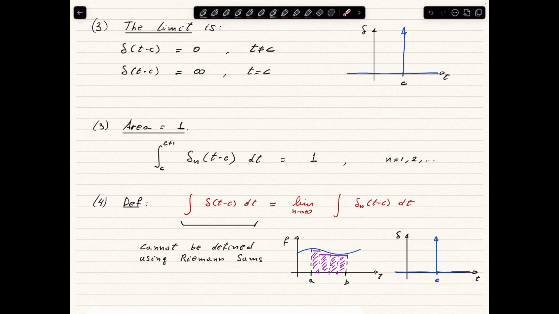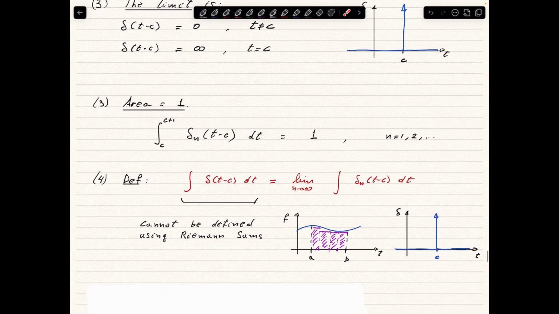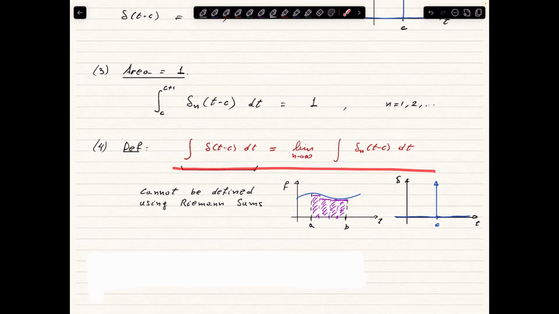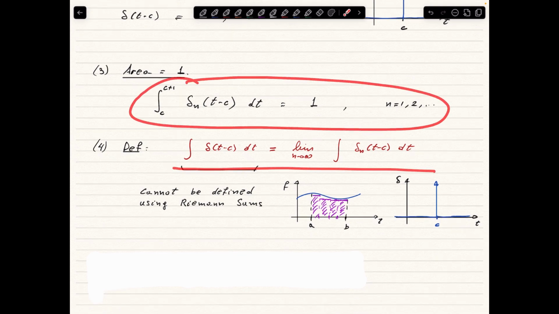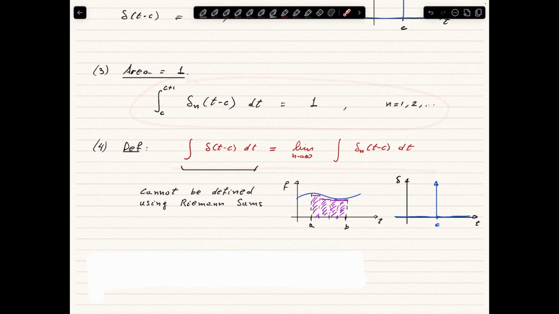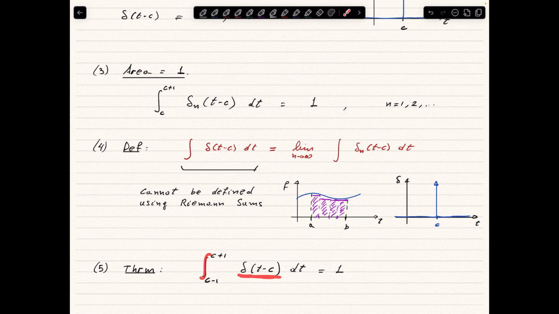But certainly we cannot do it here. There is no way we can do Riemann sums here, so we need to do something else, and what we do is this. We introduce the definition of the integral of a limit of a function as the limit of the integrals of each element in the sequence that defines that function. With that definition and this property we have seen before, that we have by construction on the sequence, we have then the main result that the integral of the Dirac Delta around the singularity is 1.